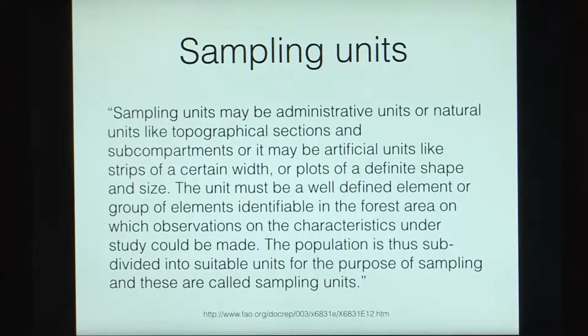We must be able to define it properly, and be able to go back to that unit again and again if that is a good sampling unit. And when we have a well defined sampling unit, then we can take observations on the characteristics under the study. The population is thus subdivided into suitable units for the purpose of sampling, and these are called sampling units.